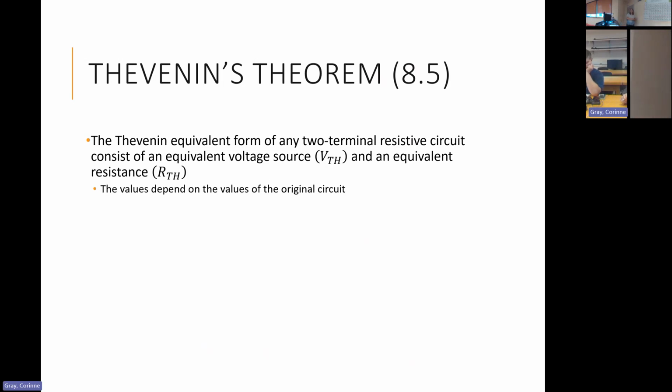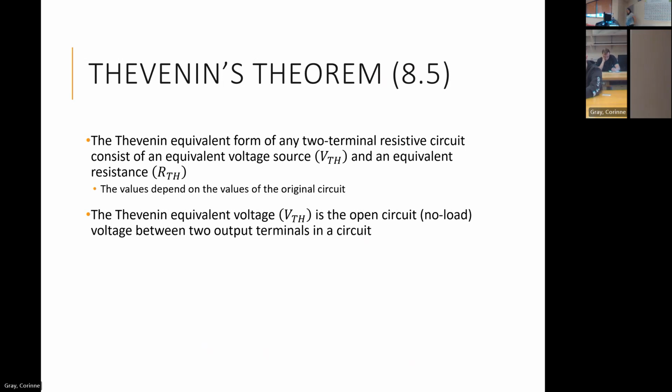Again, this is a more mathematical model, not something you would physically do with your circuit, because if you did, you'd probably break a bunch of stuff in the meantime. Your equivalent voltage source and equivalent resistance depend on your original circuit, whatever that happens to be. So, different circuits, different equivalents.